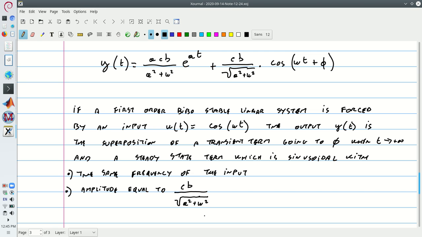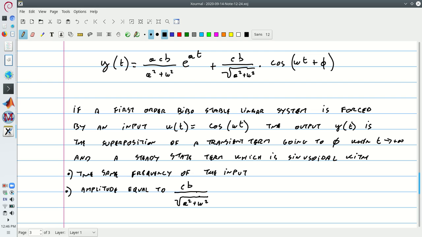If you remember, in our simulations we were seeing that the higher the frequency, the smaller the amplitude of the output was, even though we kept the amplitude of the input constant. So we are injecting the same sinusoidal input with the same amplitude equal to 1, and we were observing that if the frequency was getting higher and higher, the amplitude was getting smaller and smaller.